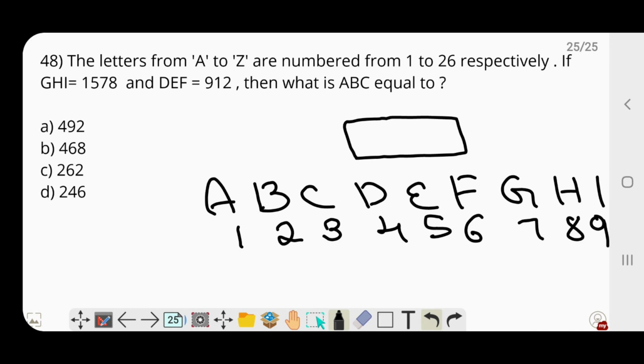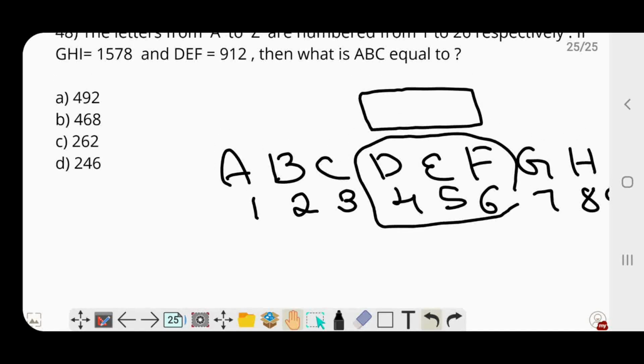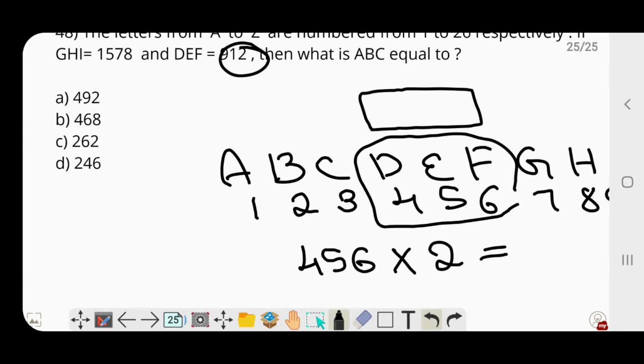So if we have a look at DEF, then we get this number 456. But they tell us that DEF is 912. So what is it that separates 456 from 912? Multiplication by 2 will give us 912.